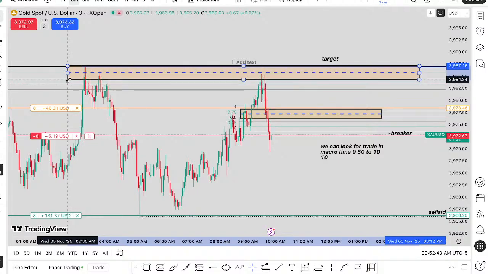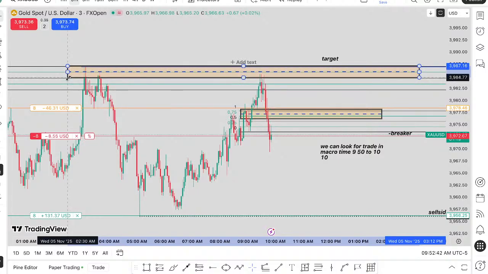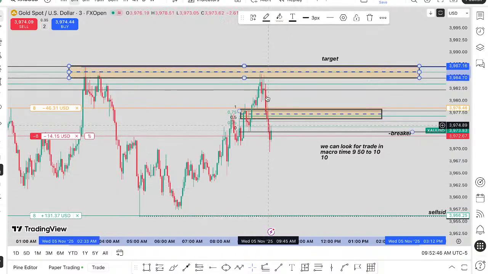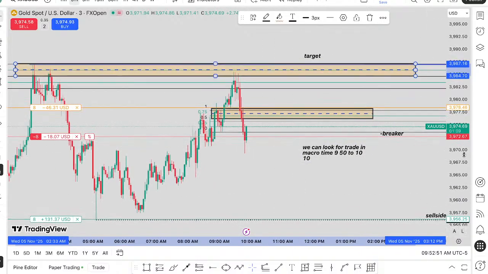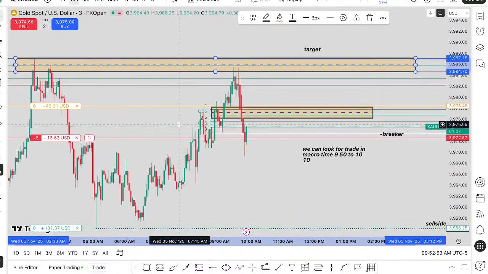If you see this as a rejection block, it could not reach the midpoint and dropped. Now it's a 50-50 scenario that needs to be kept in mind as well.